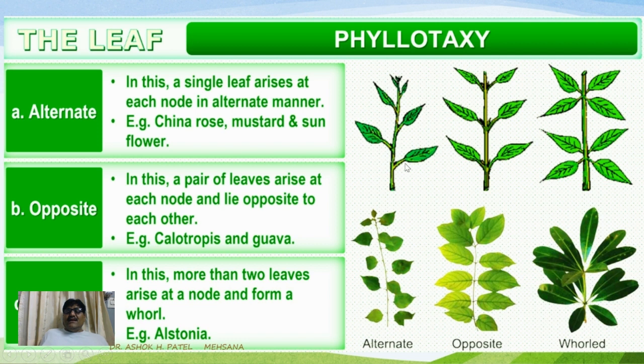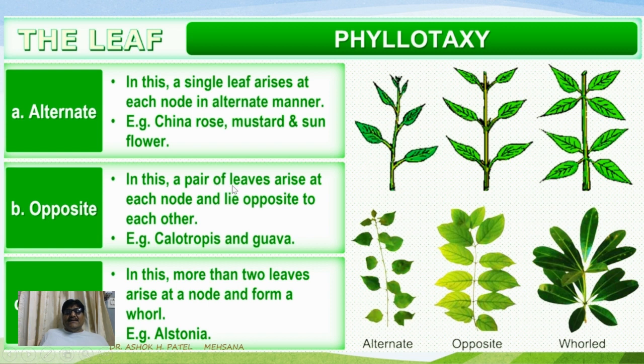Alternate means the leaves arise in an alternate manner on the stem. In this, a single leaf arises at each node in an alternate manner. The China rose, mustard, sunflower are examples of alternate phyllotaxy.